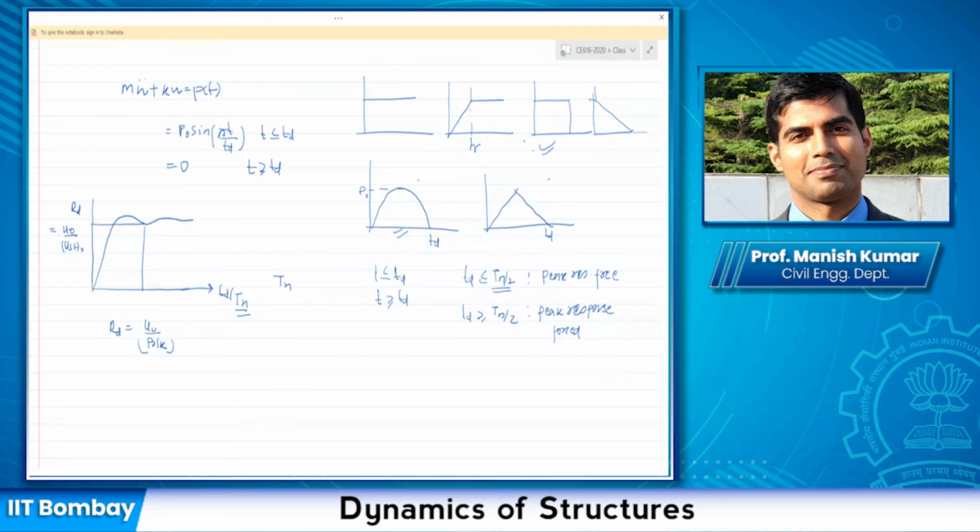So that is Tn by 2, except for the half triangular loading, for which the value was actually Td by Tn not equal to half but 0.3771. If Td by Tn is smaller than 0.3771, then my peak response occurs during the free vibration phase. If it is greater, then it occurs during the forced vibration phase.